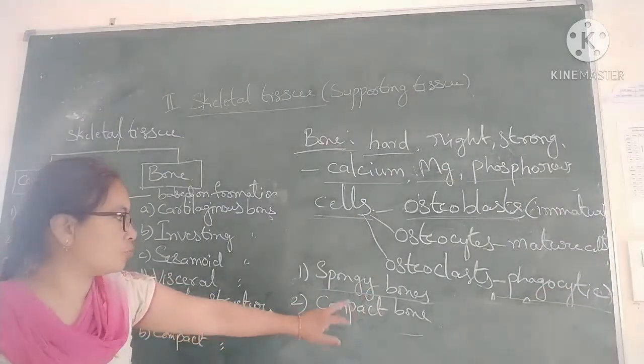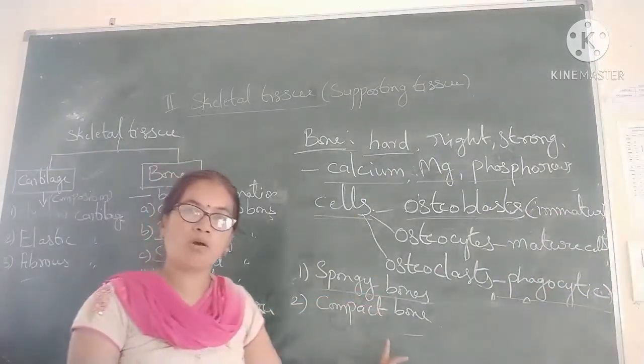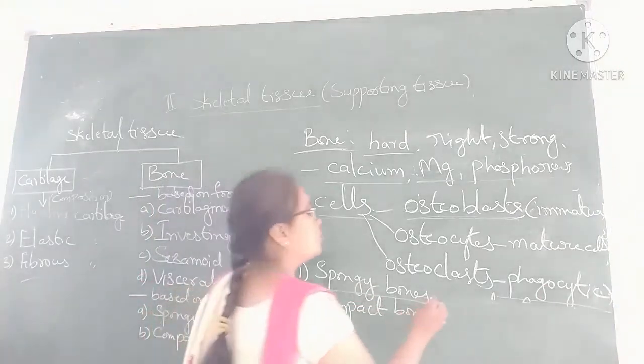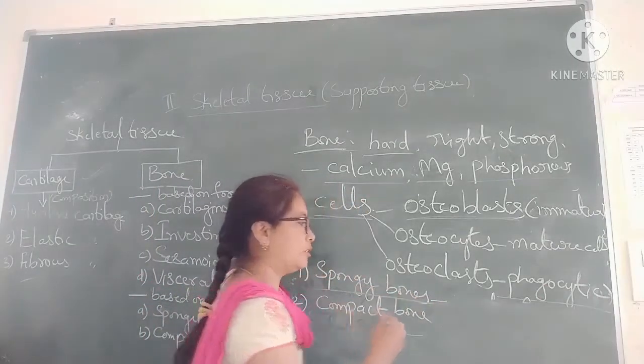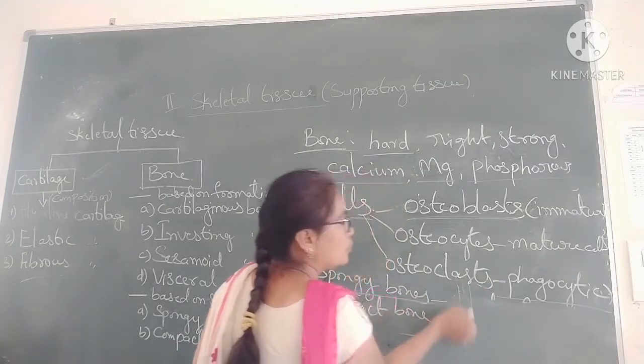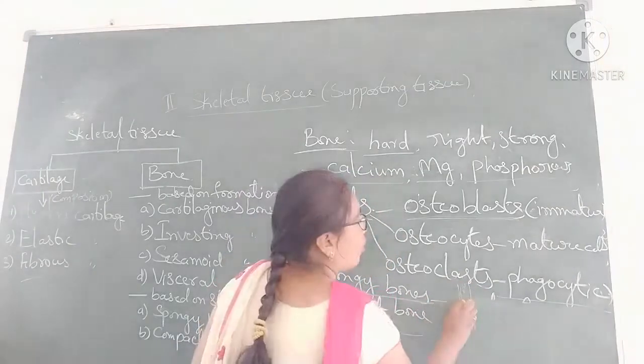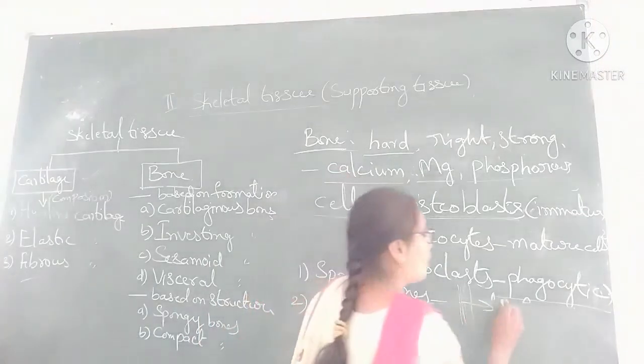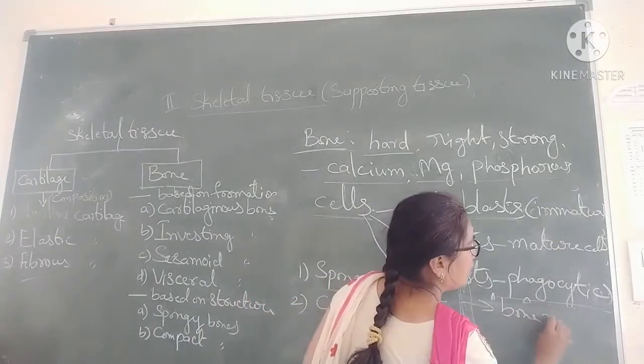Based on structure, there are two types: spongy bone and compact bone. Spongy bones look like a sponge, and the interspaces between the bones are filled with bone marrow.